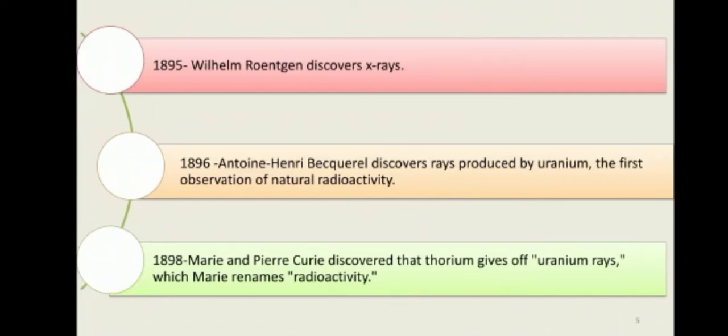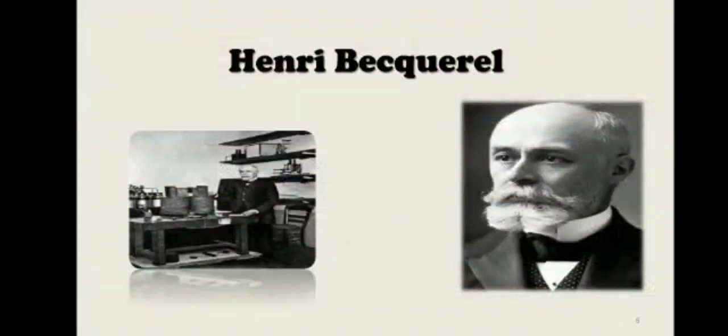Expecting to find the plates only lightly fogged, he developed them, but he was surprised to find the sharp images of the salt. Though originally thinking that the rays were given off by phosphorescent uranium salt after prolonged exposure to sun, he eventually abandoned this hypothesis. Through further experimentation, including non-phosphorescent uranium, he instead came to recognize that it was the material itself that gave off the rays.